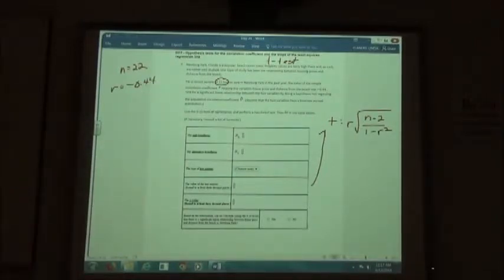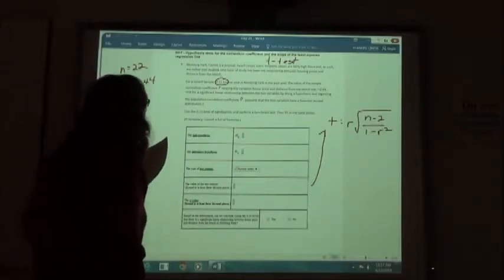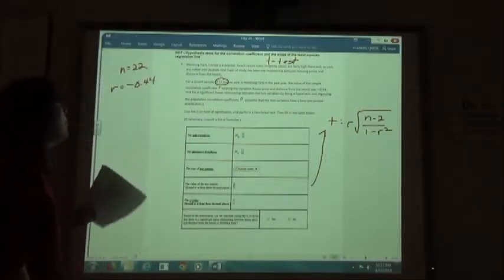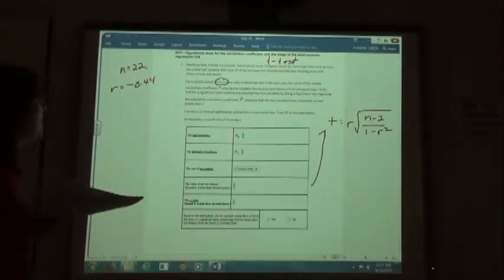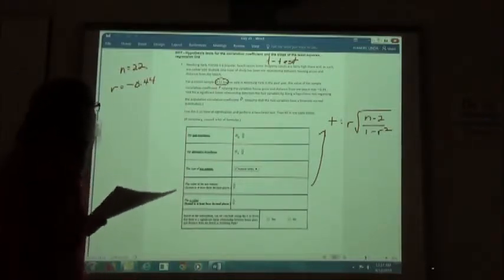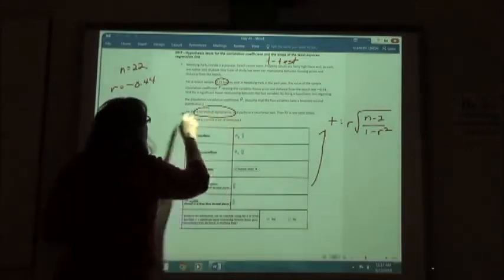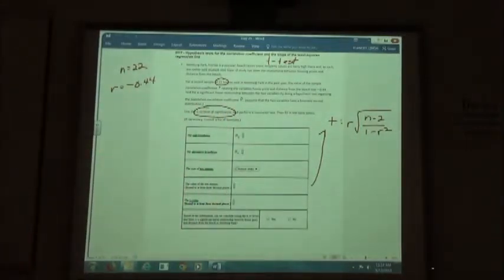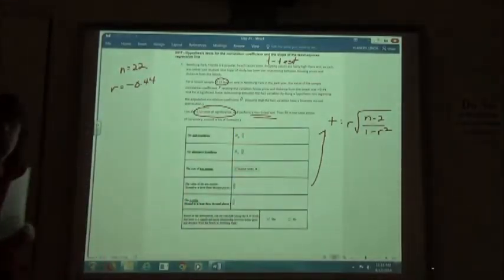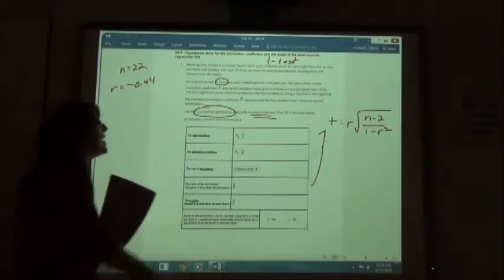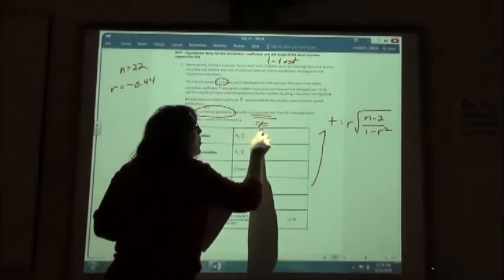Test for a significant linear relationship between the two variables by doing a hypothesis test regarding the population correlation coefficient p. Assuming that the two variables have a bivariate normal distribution, use a 10% level of significance and perform a two-tailed test. If we are doing a two-tailed test, remember from our previous hypothesis testing, we're testing not equals.